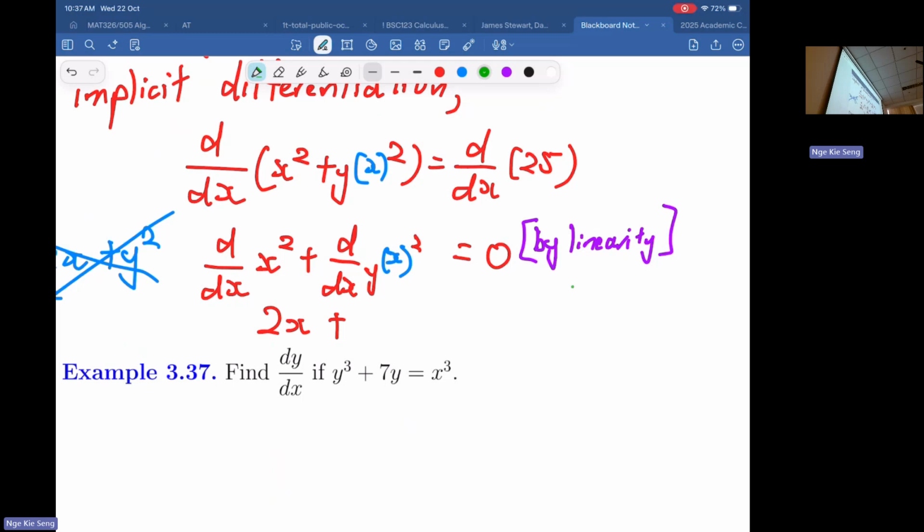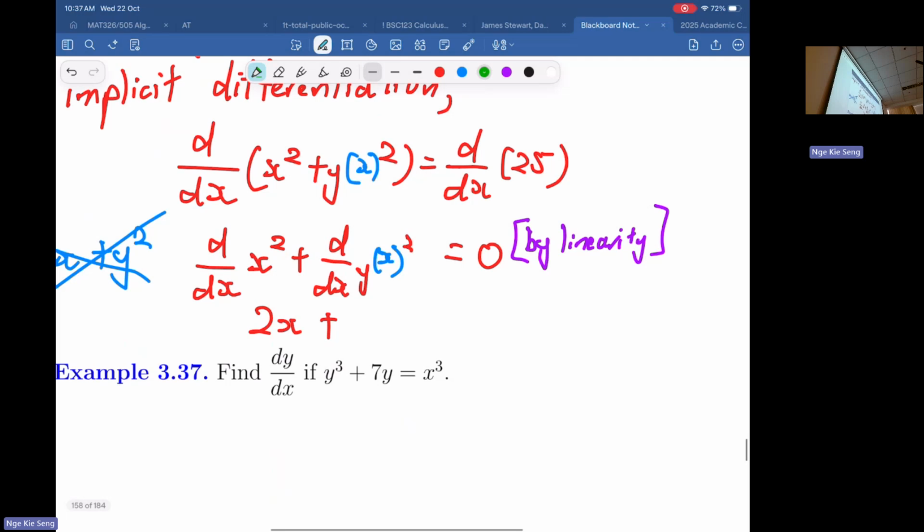So here is y, right? So let's use another function then. Maybe w equals u squared, and then u equals y(x), right? And then what is dw over dx here?